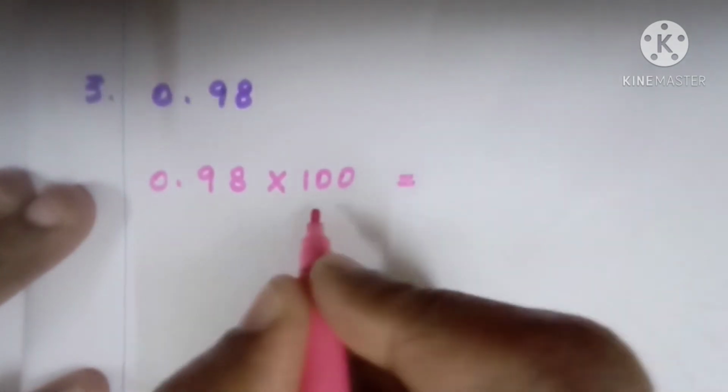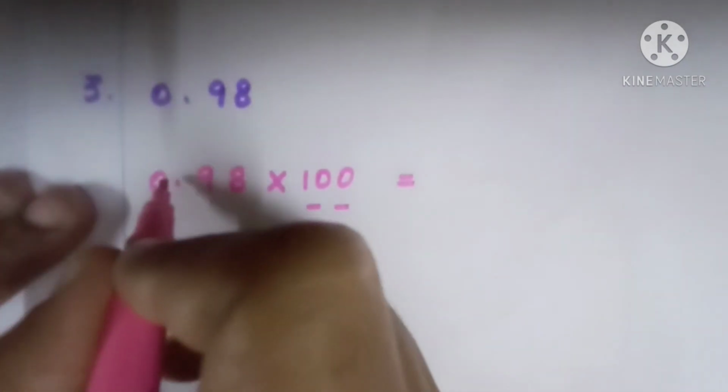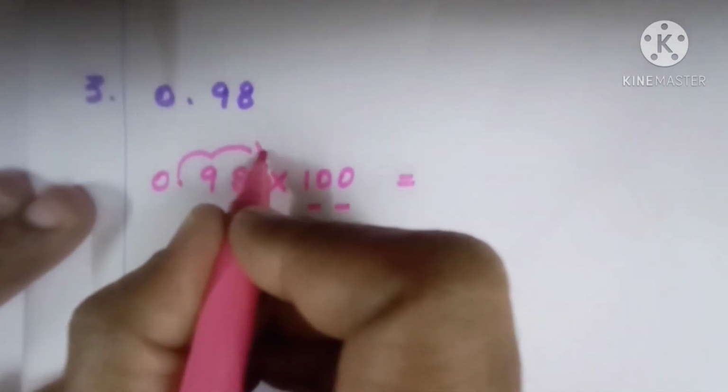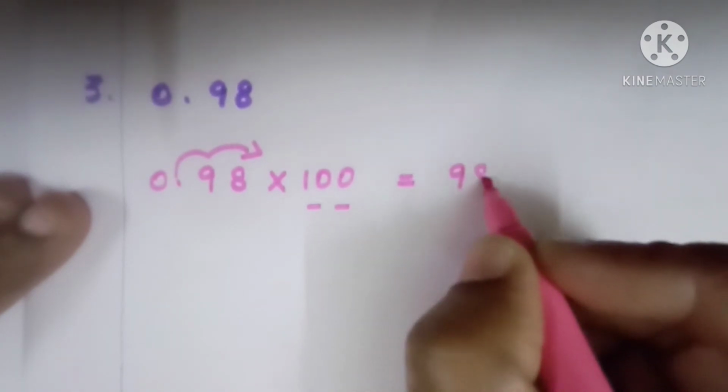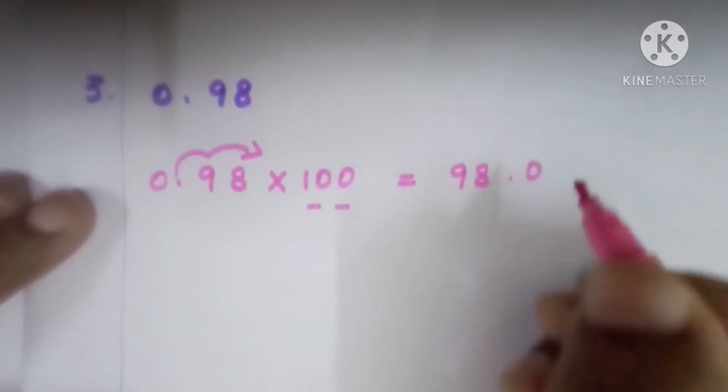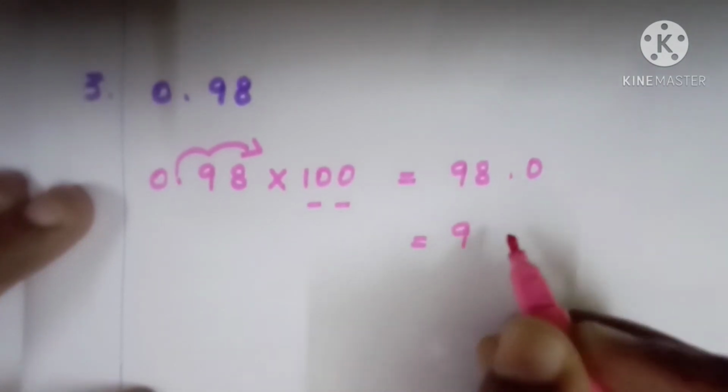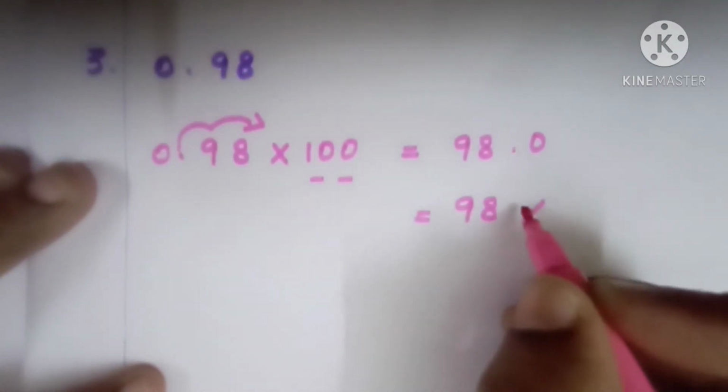It has 2 zeros, so move 2 decimal places. So we get 98.0. That is nothing but 98 percentage.